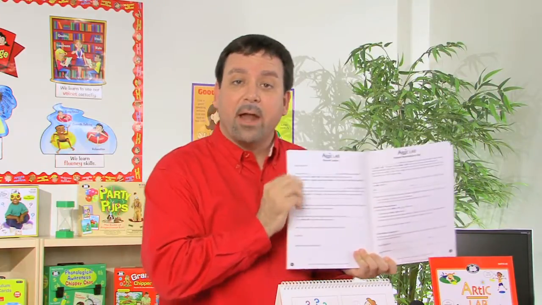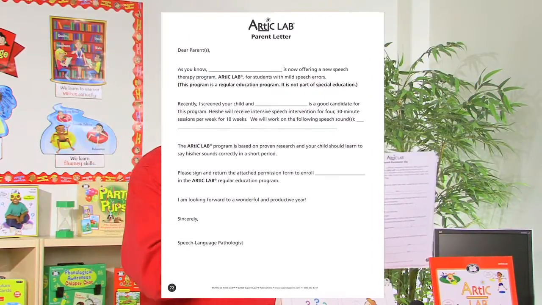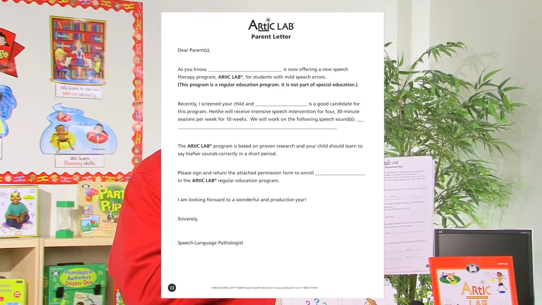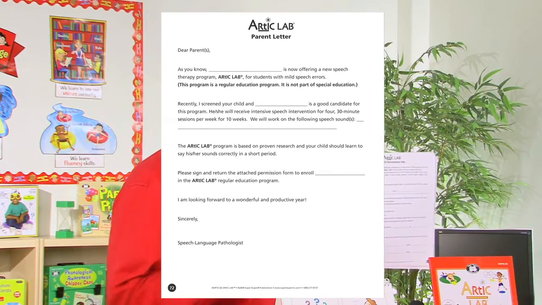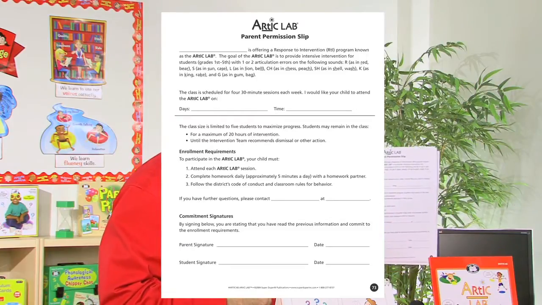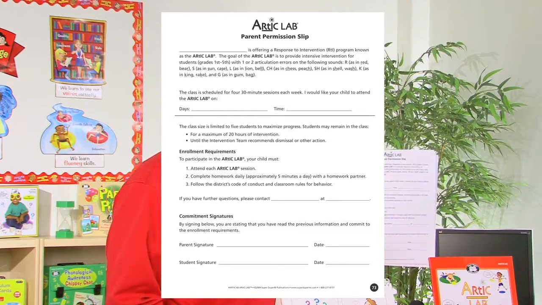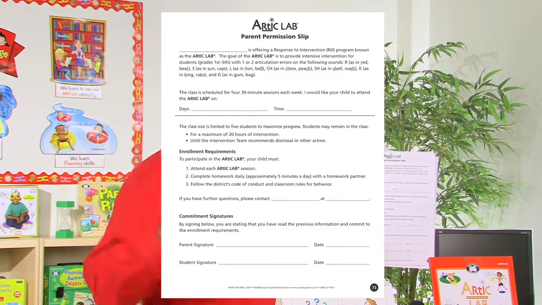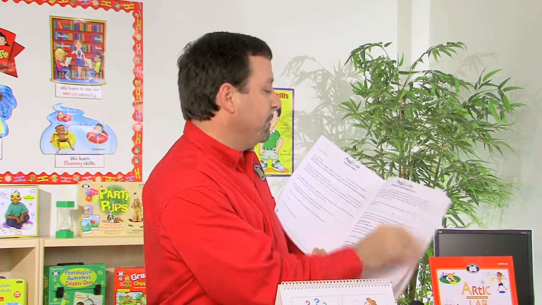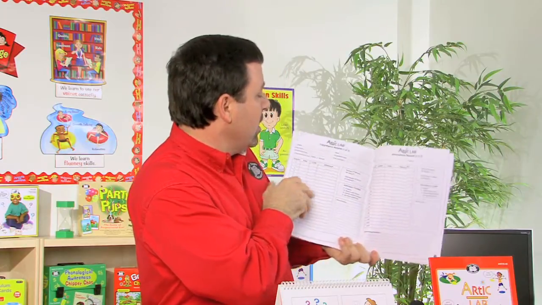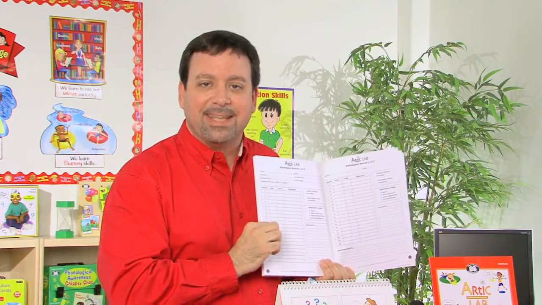We also have a parent letter, and this is just going to identify that the student is recommended to participate in the program, and it's just informing the parent of what the activities will be. And then we have a parent permission slip that's actually where the parent will sign off permission for their child to be enrolled in the RTI program with using the ARtIC Lab. Going on through, you'll notice we have the attendance record.